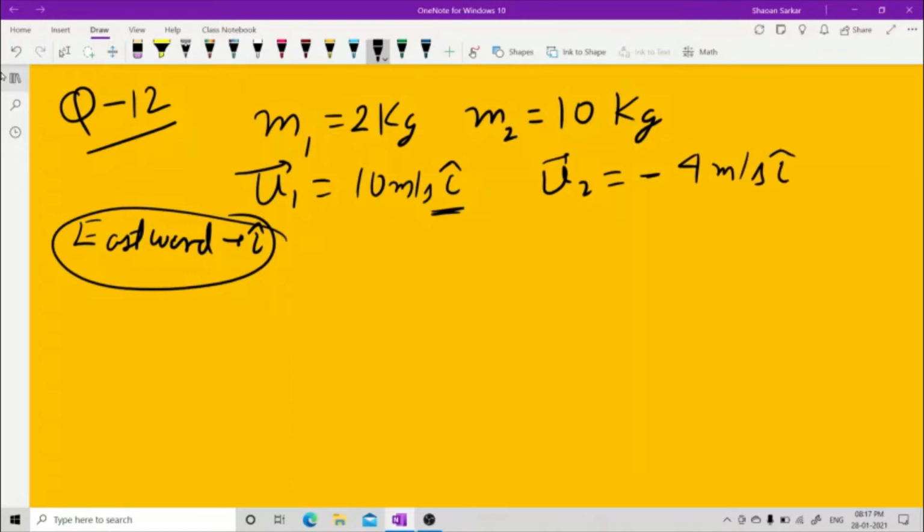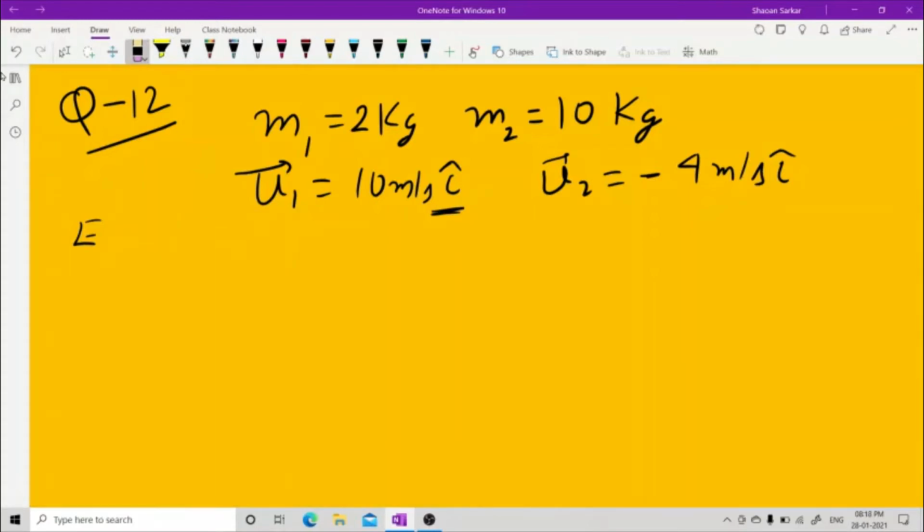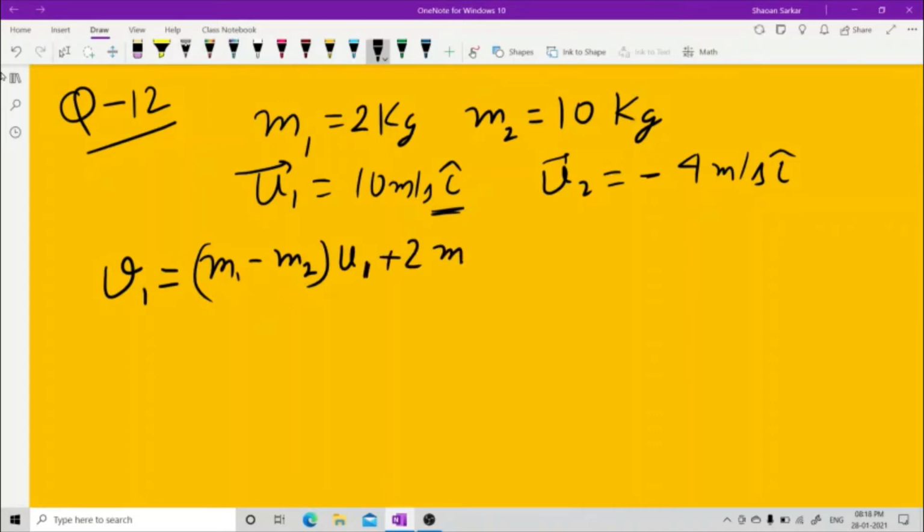Now either I use that same long equation, or what I can do is, see the trick, let me rub all this. When I write V1, I will write (M1 minus M2) U1 plus 2 M2 U2 upon M1 plus M2.